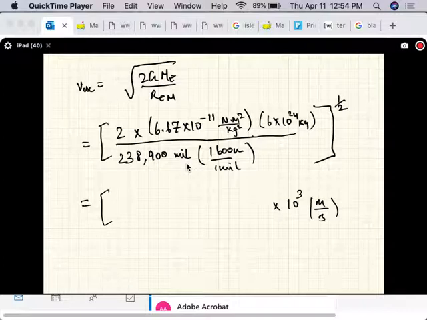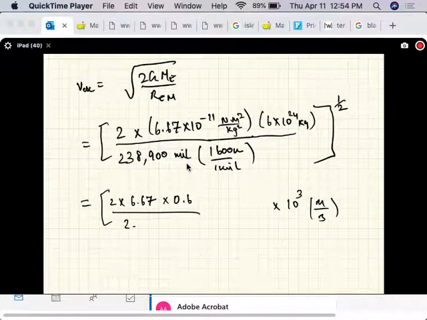Now let's take care of the other factors. 2 times 6.67 times 0.6. Remember we borrowed a 10 from there, so that's 0.6, divided by 2.39 times 1.6, to the power half.